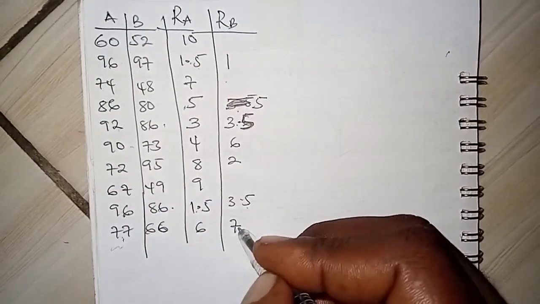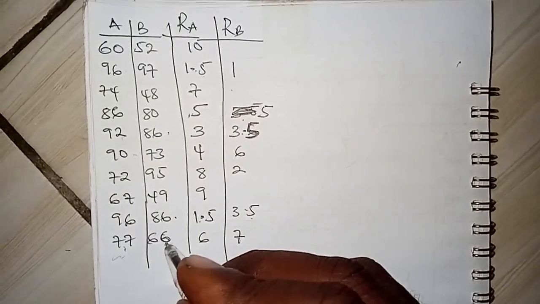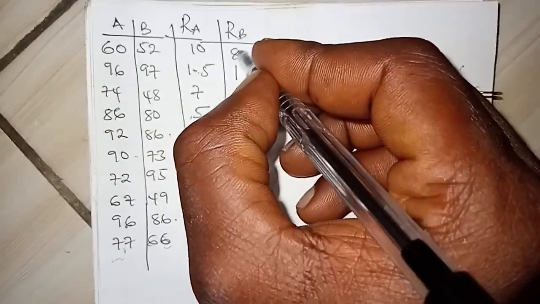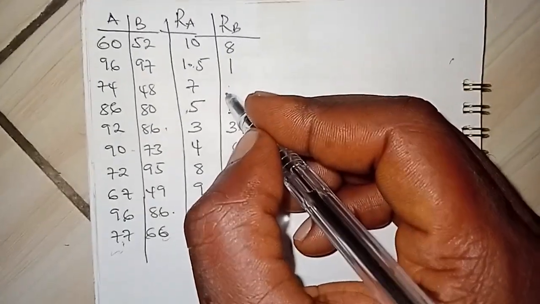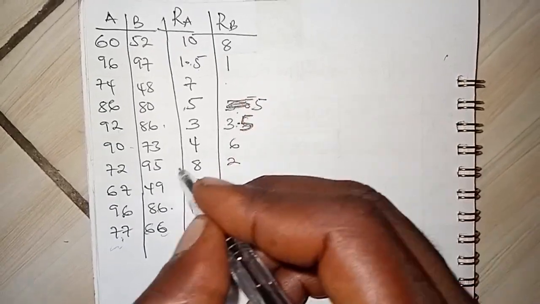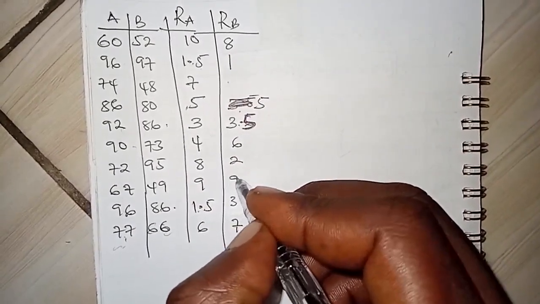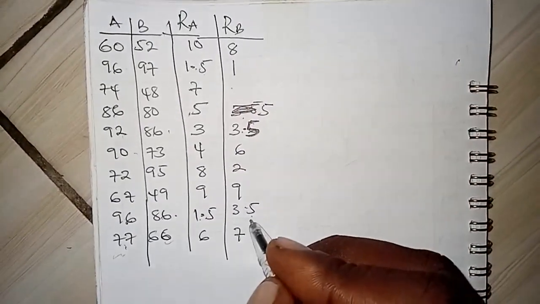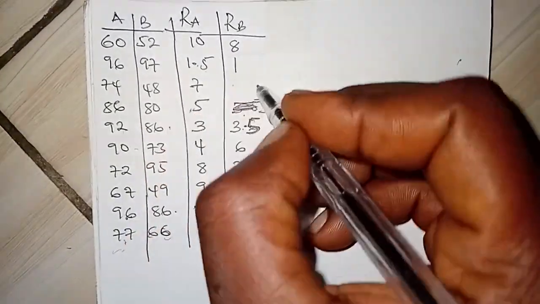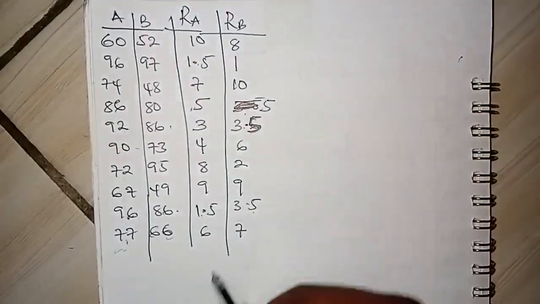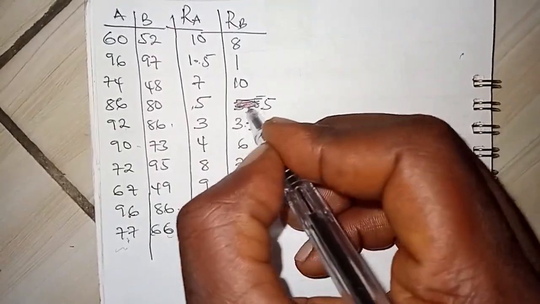Then the next one is 52, which is 8. After 52 we have 49, which is 9. Then we have the last one, which is the least, which is now 10. So please, you just need to be careful checking them.